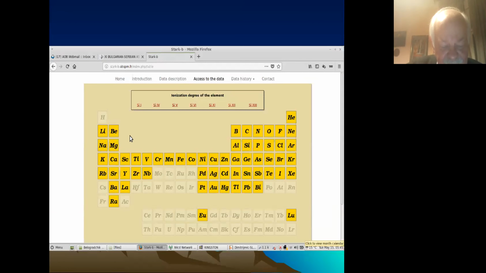For example, if you want to search data, yellow squares contain data, and if you click on an element, you obtain the different ionization stages for which Stark data exist.